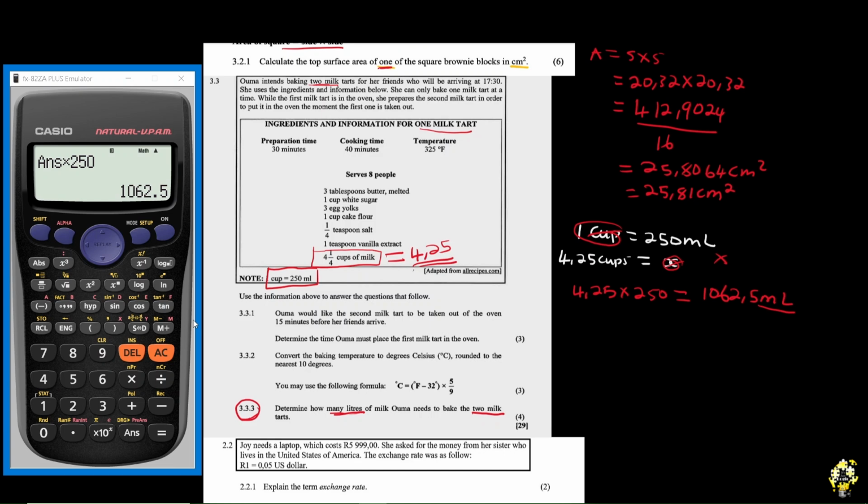So let's do this. 1 liter is equal to 1,000 milliliters in metric to metric. Now I have here 1,062.5 milliliters. So now I am going to put them on my right, because that is where I have milliliters.